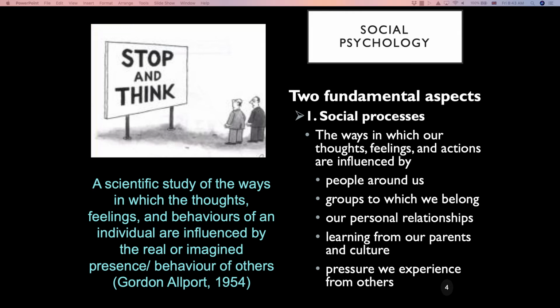Two fundamental aspects, the social side and the cognitive side. So the social side, what social aspects of our environment influence our thoughts and our feelings? How are these influenced by other people?